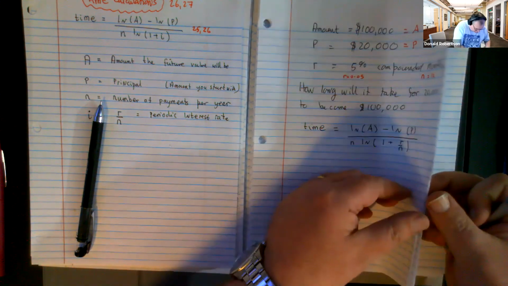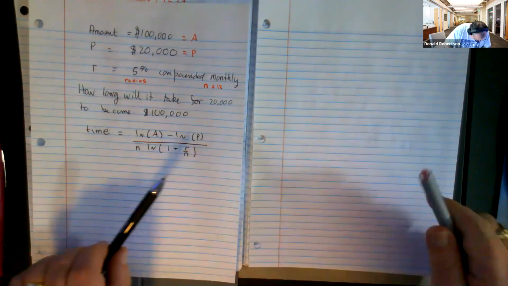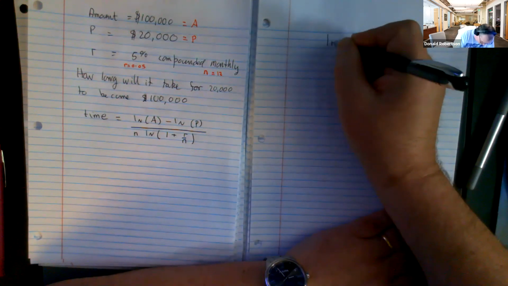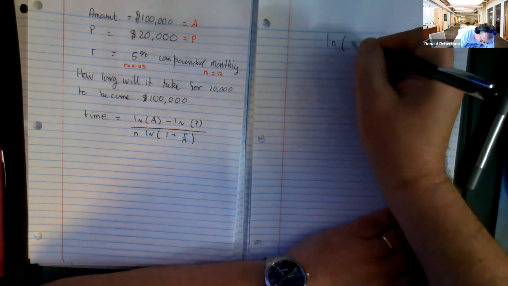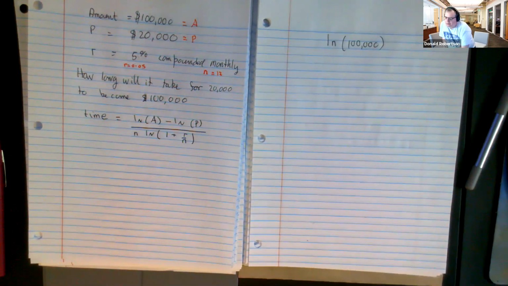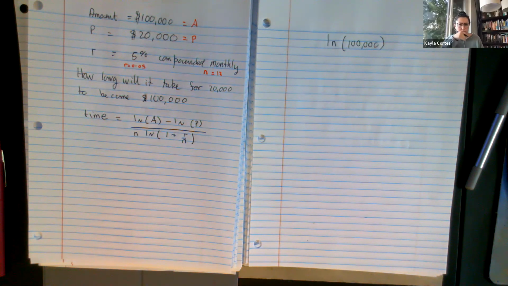Does anybody know or remember, because they may have seen it somewhere, what ln of, say, 100,000 is? What's ln of a number? Anybody know what it is, or what it's called? It's something to do with trees. The name is nothing else.